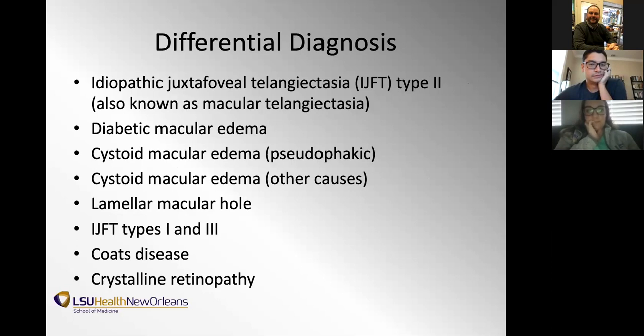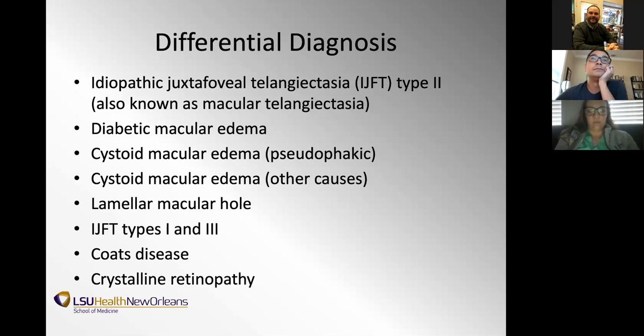One other thing, when you talk about idiopathic juxtafoveal telangiectasias, it's of 3 types, and we'll go over that. But essentially, type 2 is the most common. Diabetic macular edema, cystoid macular edema, pseudophakic cystoid macular edema, and cystoid macular edema due to other causes.